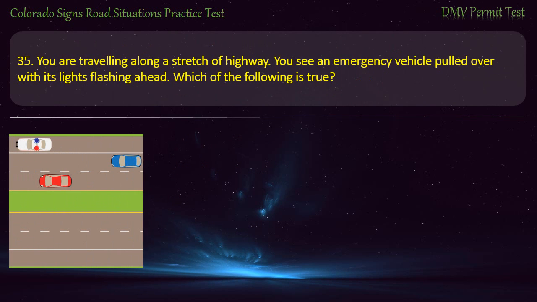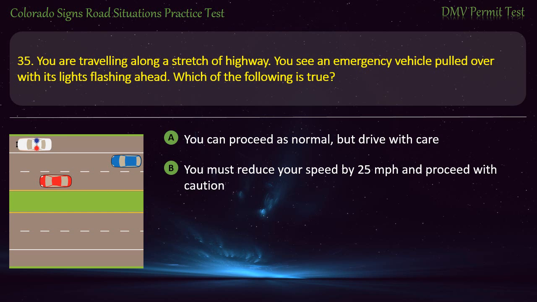Question 35. You are traveling along a stretch of highway. You see an emergency vehicle pulled over with its lights flashing ahead. Which of the following is true? You can proceed as normal, but drive with care. You must reduce your speed by 25 miles per hour and proceed with caution.